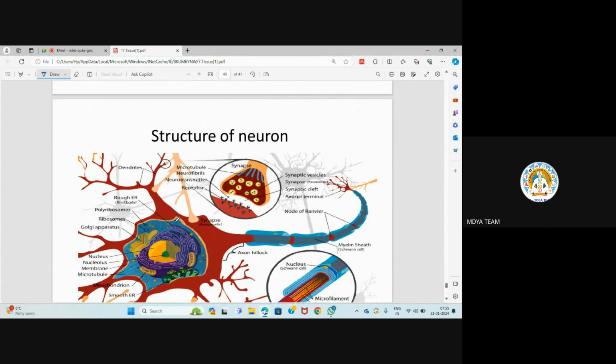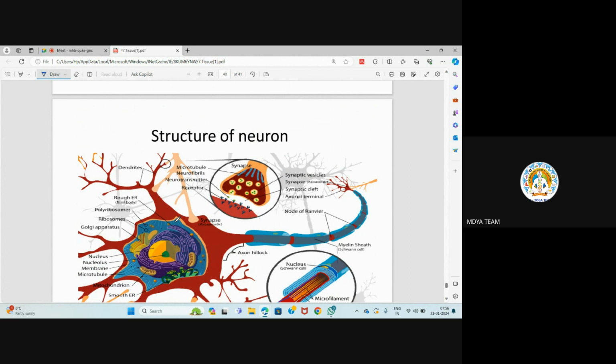Electrical impulses are the action potential. Any information coming to a neuron comes as an electrical impulse, that is, by positive and negative charges.